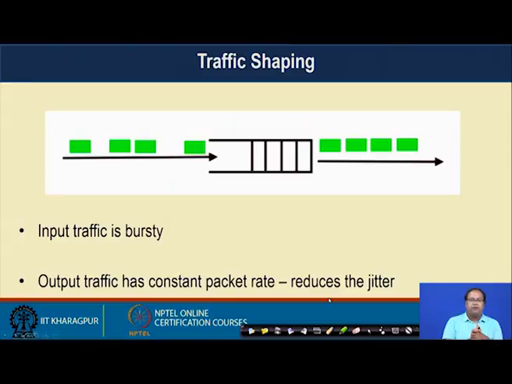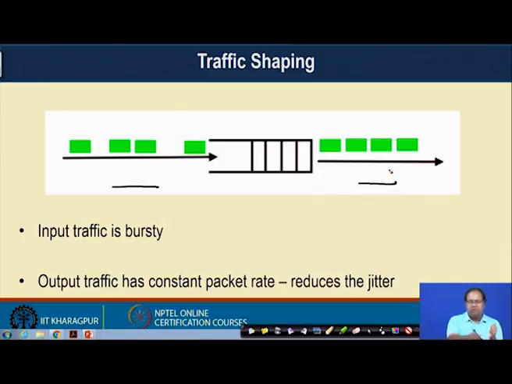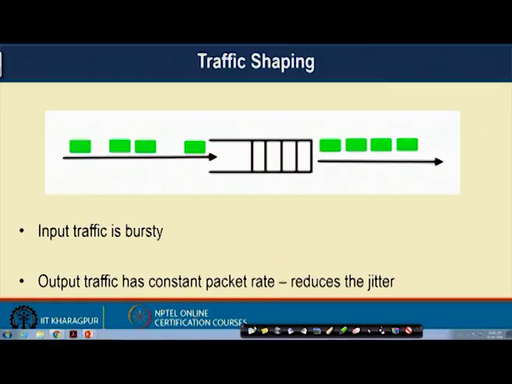So, here is an example of traffic shaping. You have irregular traffic at the input, and at the output you are getting regulated traffic, which, from the figure, you can directly see is minimizing the jitter in the network. So, outflow traffic has a constant packet rate, and it reduces the jitter in the network.